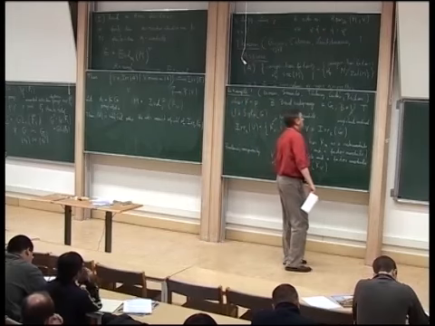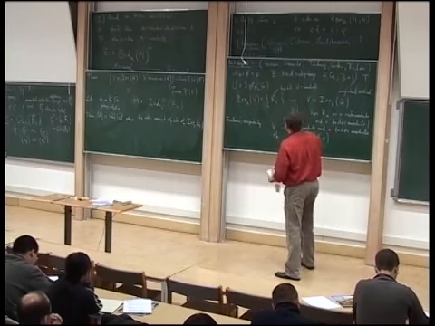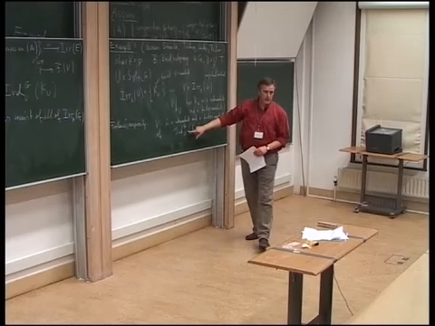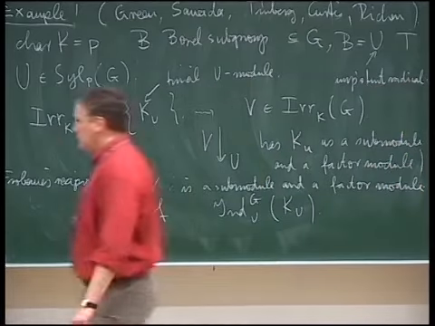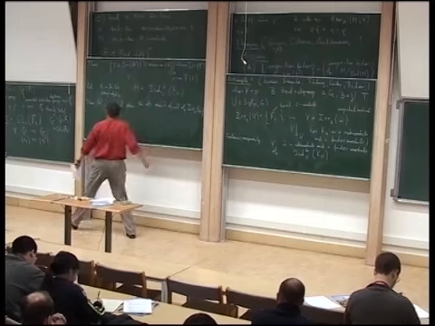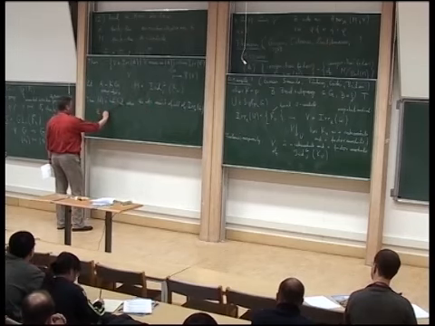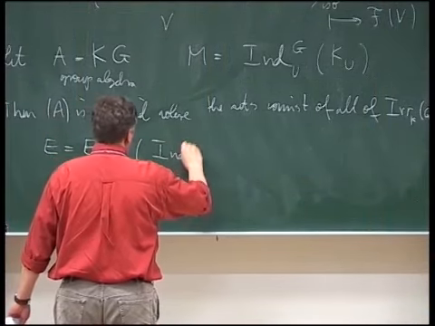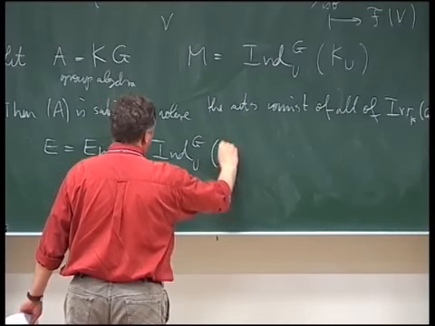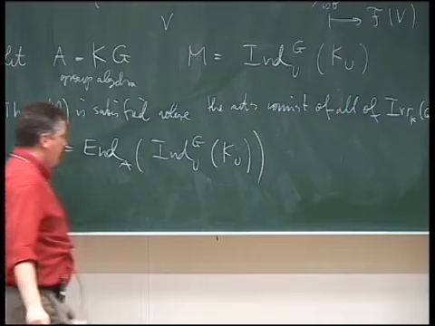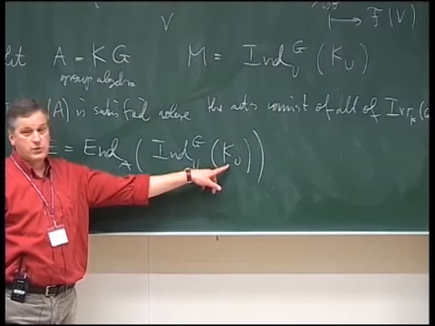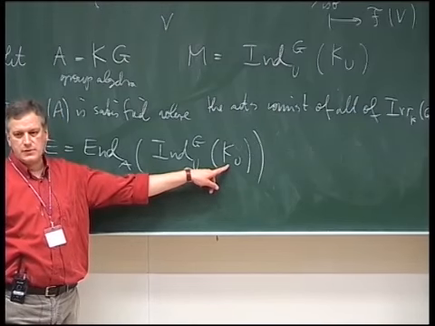Now, furthermore, if we want to apply this theorem, we need to know something about the endomorphism algebra E of this module M. Now this here is an induced representation from a trivial representation of a subgroup.